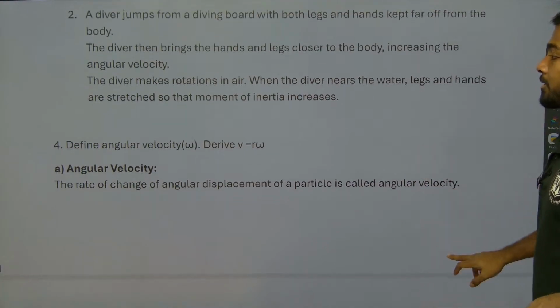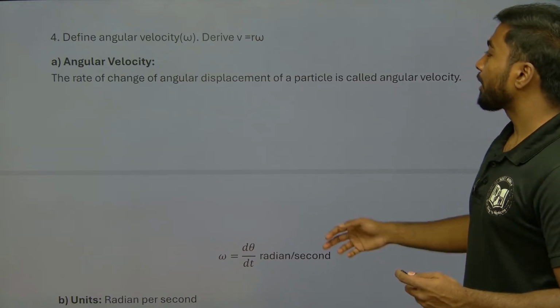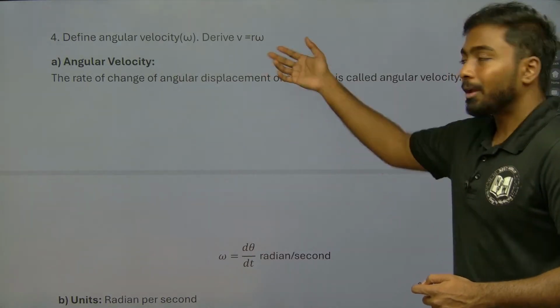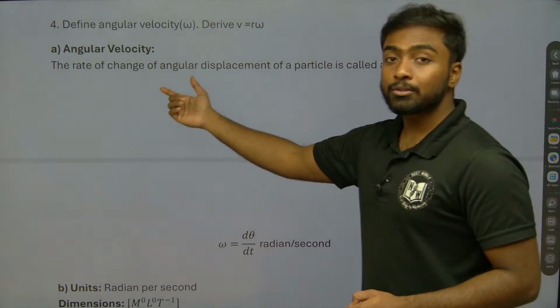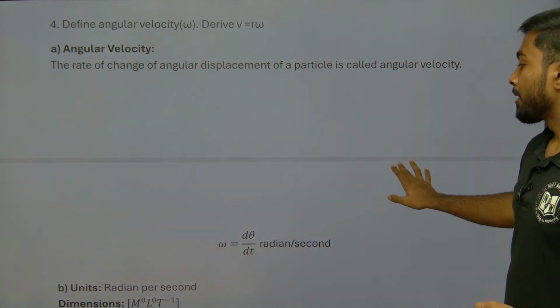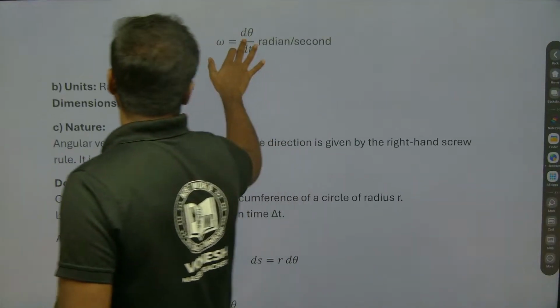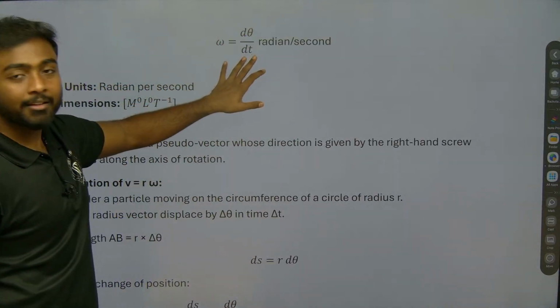That's the thing. So next one, fourth question is define angular velocity, and we need to derive v is equal to r omega. How have we got that? So angular velocity is nothing but the rate of change of angular displacement with respect to time. Okay, that's the thing. Omega equals d theta by dt. What is d theta? Theta is nothing but angular displacement. t is nothing but time.